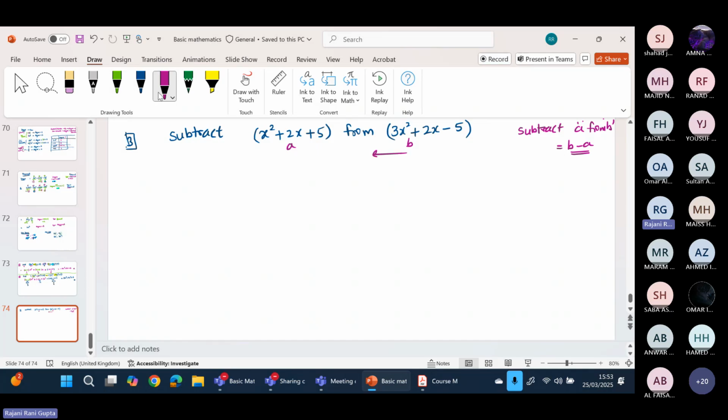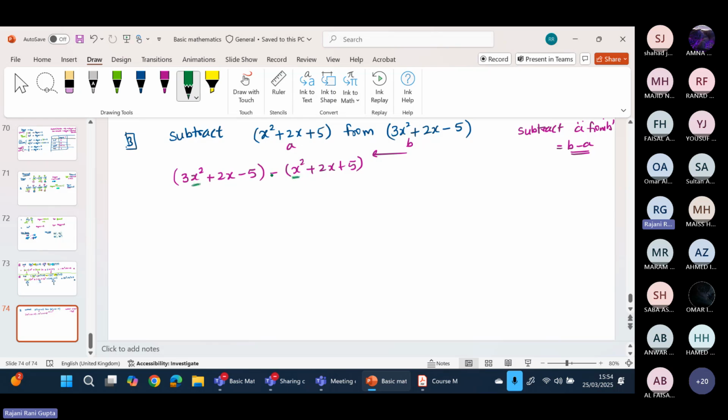So what you will be doing is, first thing, rewrite the question. 3x square plus 2x minus 5 and minus x square plus 2x plus 5. Okay? And then work in the same way as we did for the previous question.